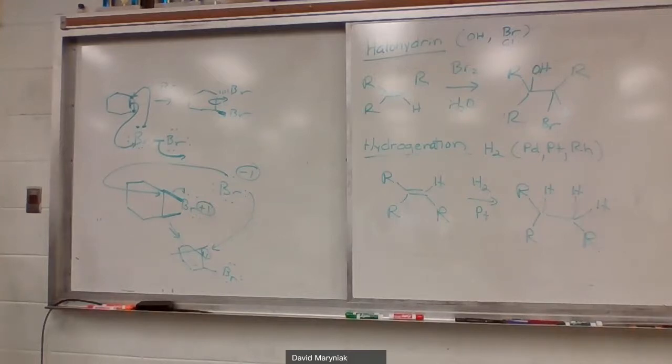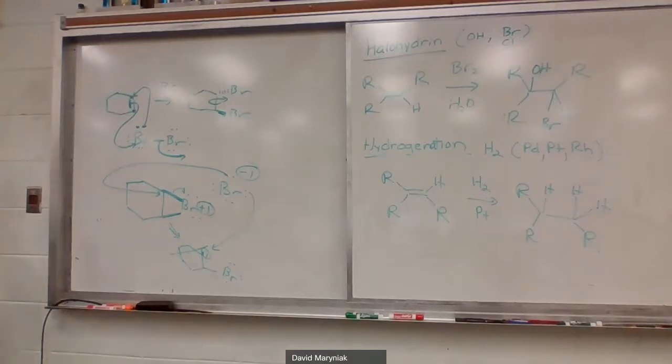So that's a quick review because that's what Angela asked me to do. That's a review of just straight up bromination, right? So if I say, is Markovnikov's rule in play? No, why not?